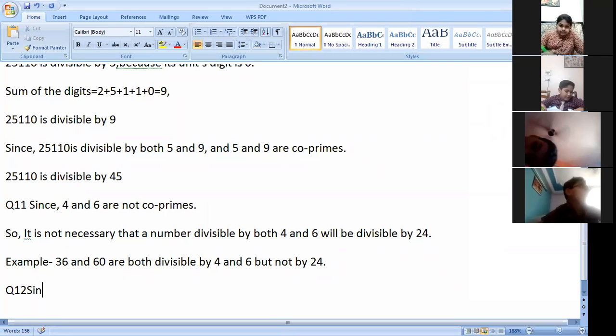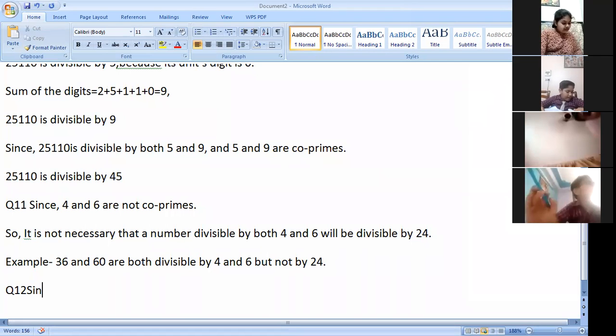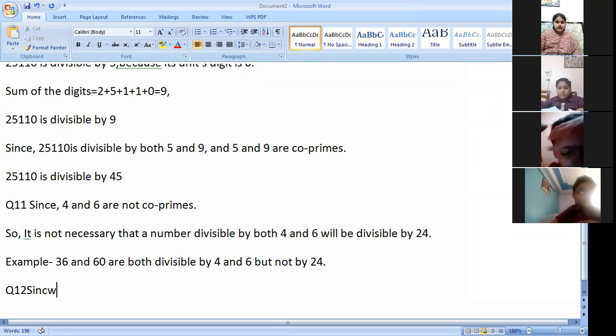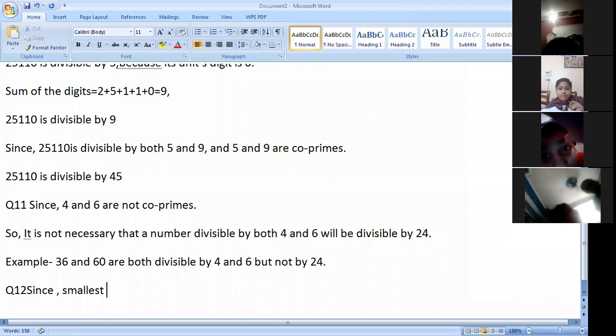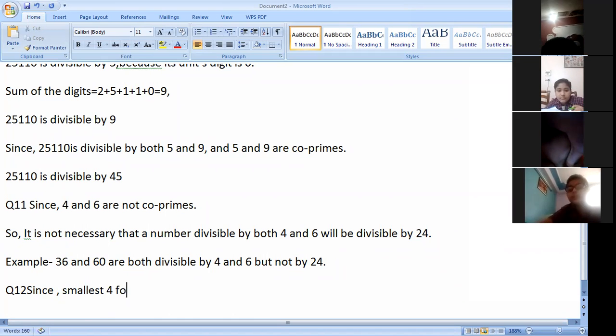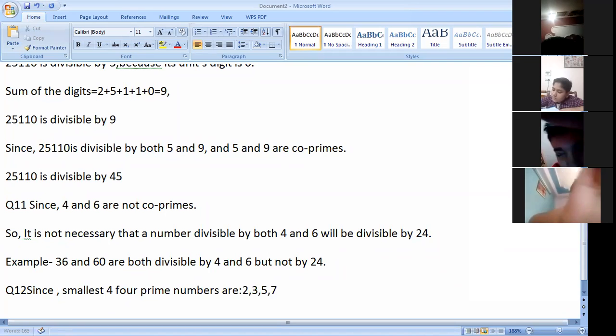Jhanak Verma, can you answer this question? Yes, ma'am. The smallest 4 prime numbers are 2, 3, 5, and 7.